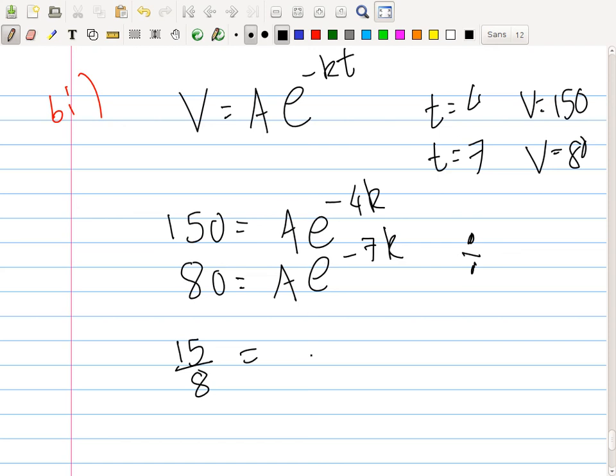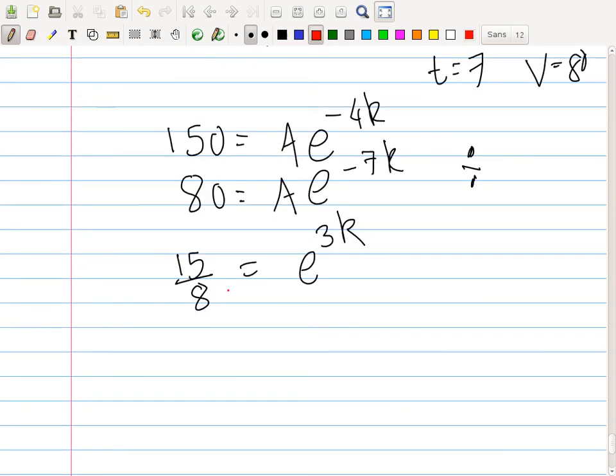Minus. So I get here e to the power of minus 4k minus minus 7k, which is e to the 3k. Now next is log. Log here and log here. What happens to log and e? They cancel. So I get log 15 over 8 equals 3k.